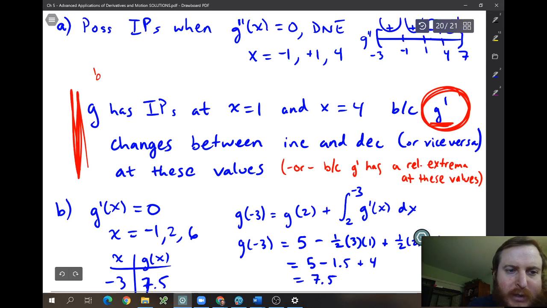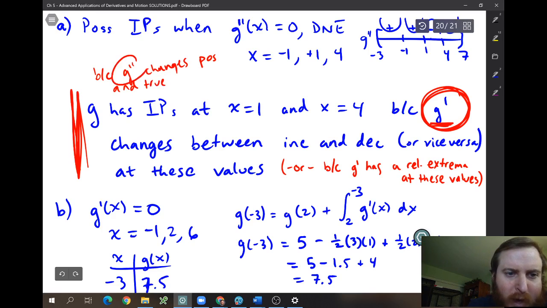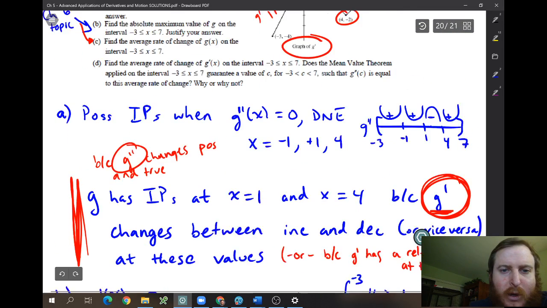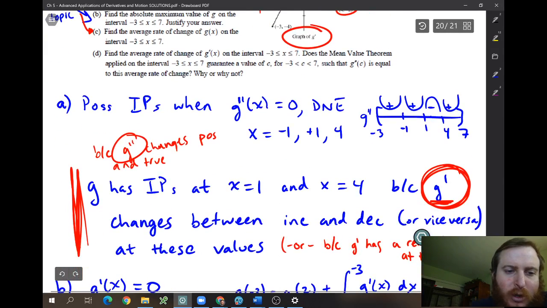If you say because G double prime changes between positive and negative, technically that's true, but you're not going to get this marked correctly because we don't have any information about G double prime. We don't have a graph of G double prime. We don't have an equation of G double prime. So you can't justify it by talking about G double prime.